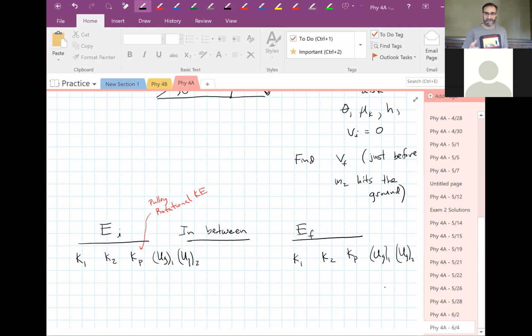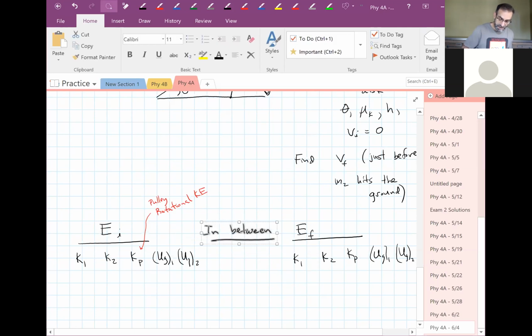If the pulley was moving up or down, I could have a gravitational energy for the pulley also. But in our case, it's not going up or down. Okay. And in between, what could we have? We could have friction working on our block 1, and work done by external forces.